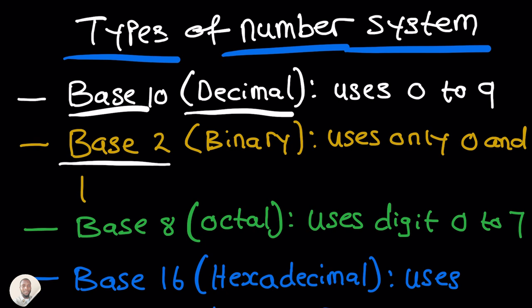And base 2 is also known as binary. Now, the base 2 system uses only 0 and 1. You cannot see any other digit aside from 0 and 1. Similarly, as you are counting, once the digit reaches 1, the next value will be what? 10.